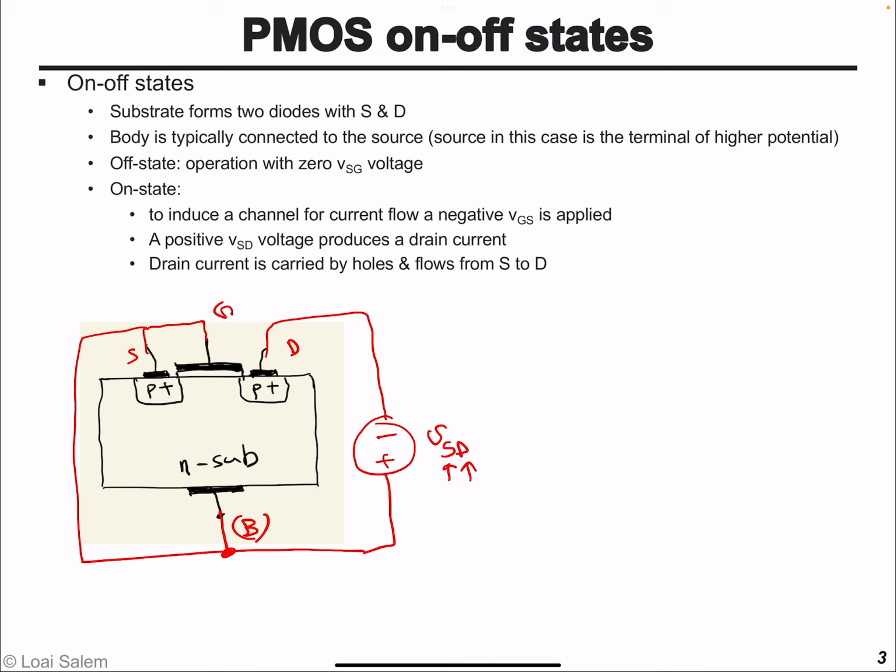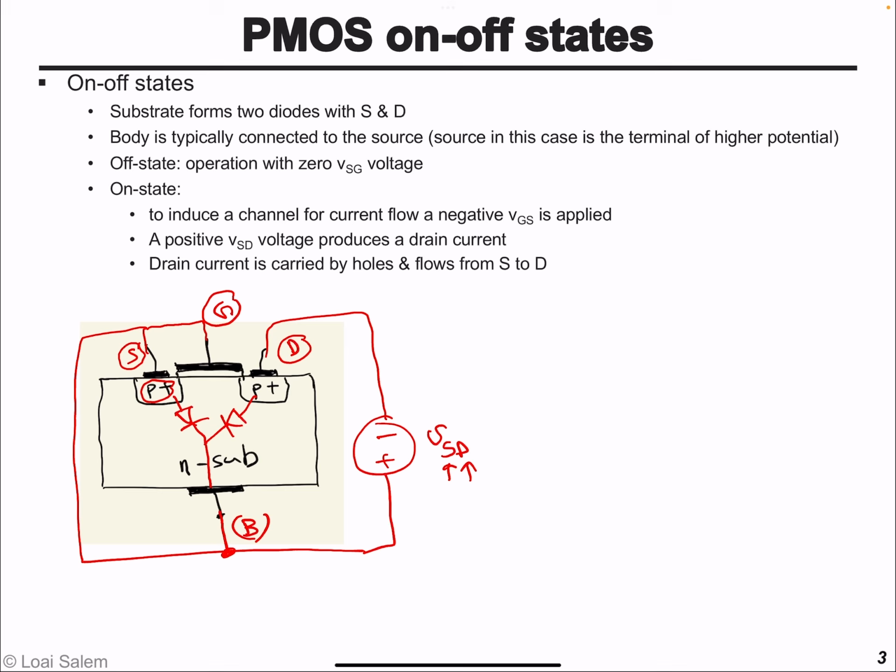So we have a positive voltage difference between the source and drain, and the gate is essentially shorted to the source terminal. So in this case, what we are going to find is we have a diode here between the p plus region and the n substrate, and another diode between the drain terminal and the substrate.